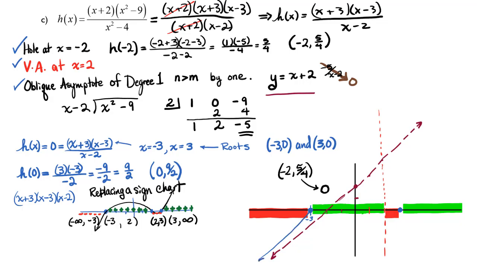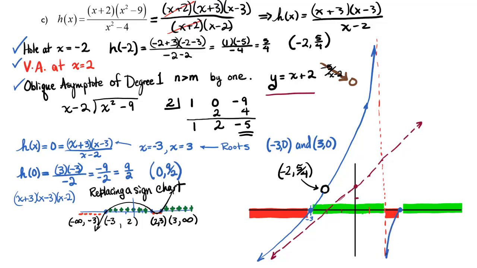I also know it cannot exist at (-2, 5/4), and I also know that it must hug this vertical asymptote at 2 to positive infinity. I know that my function is negative anywhere between 2 and 3, but it has to cross at 3.